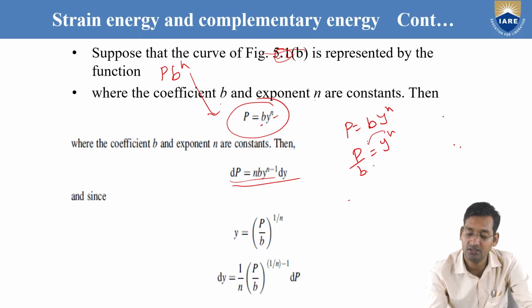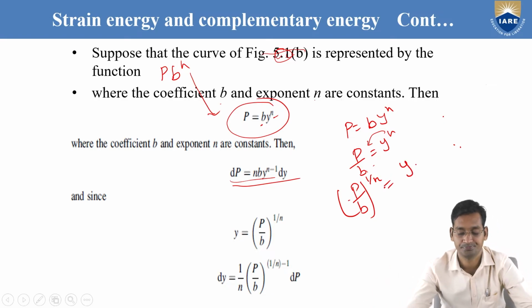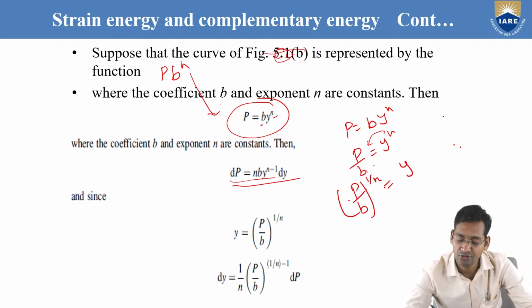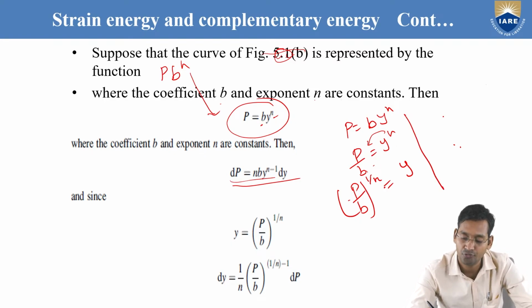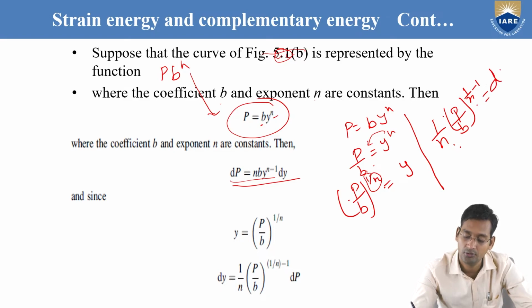Taking the power n to the other side, p by b to the power 1 by n equals y. Now differentiate this: multiplying by the power, 1 by n into p by b to the power 1 by n minus 1, and this equals dy by dp.